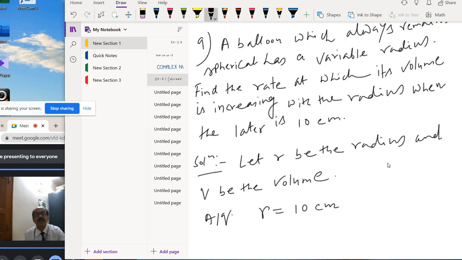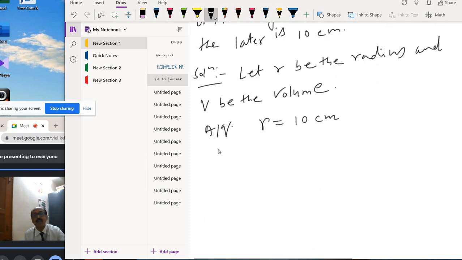So V, it is a balloon, that means sphere. So formula is V equal to 4 by 3 pi r cube. And differentiate both sides with respect to R, because R is variable.